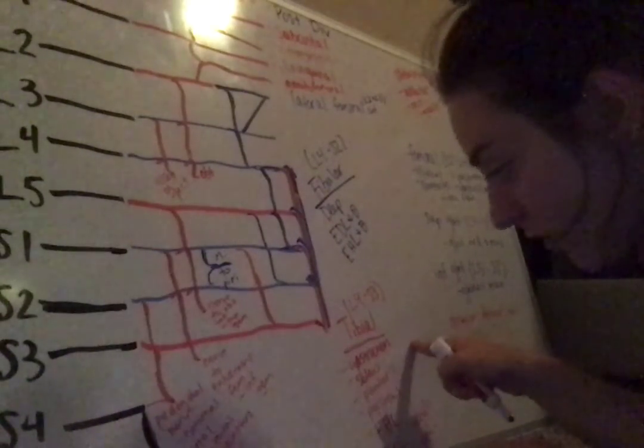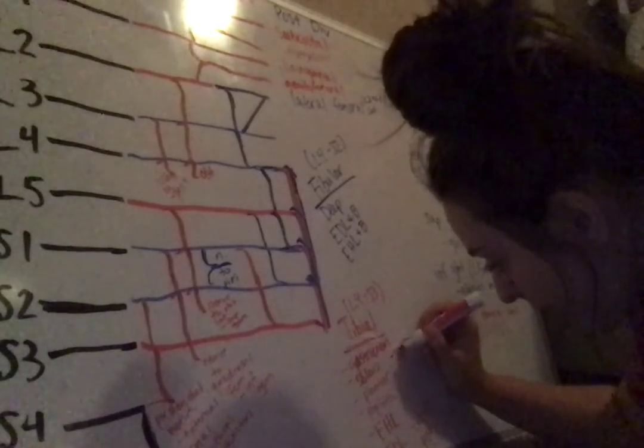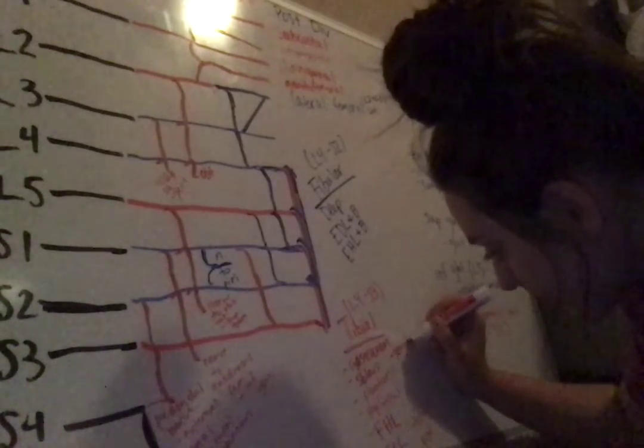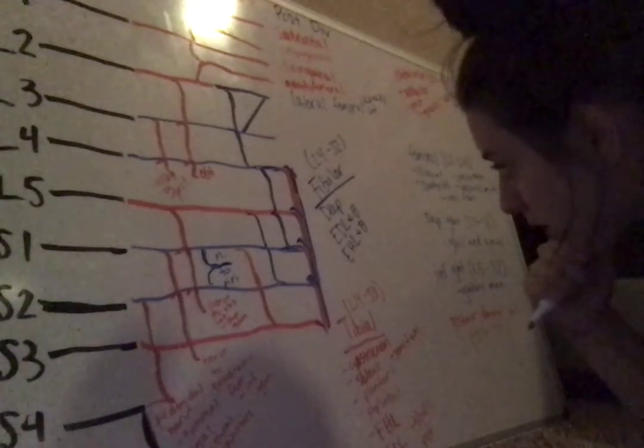Okay, so the tibial has 10. So we've got the gastrocnemius, 1, 2, 3, 4, 5, 6, 7. And then we have the semitendinosus and semimembranosus. So that's 1, 2, 3, 4, 5, 6, 7, 8, 9. And then I just thought of this.